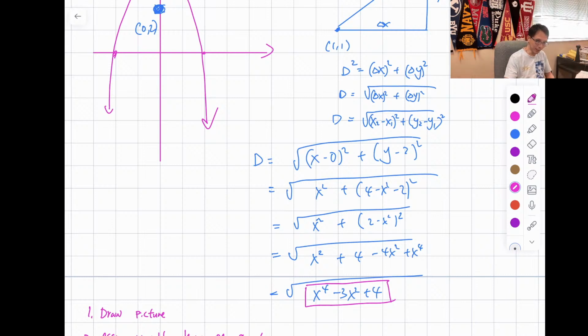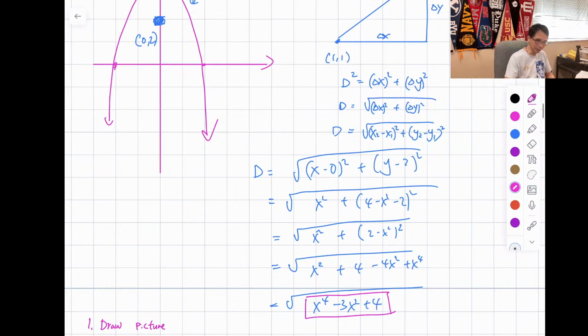So in this case, I'm going to take a derivative of x to the 4th minus 3x squared plus 4. So it'll be 4x to the 3rd minus 6x equal to 0. If you factor out a 2x, I'm going to get what? 2x squared minus 3 equal to 0.